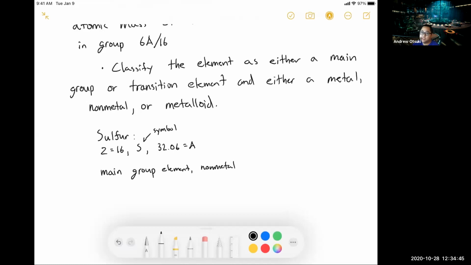This next chapter can be tricky. Now we're going to talk about quantum mechanics. We talked about the nuclear model. Now we're going a step further and talking about the quantum mechanical model.